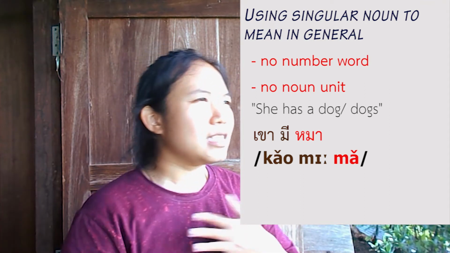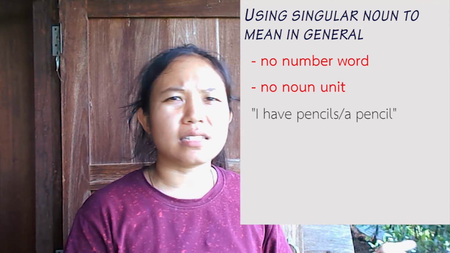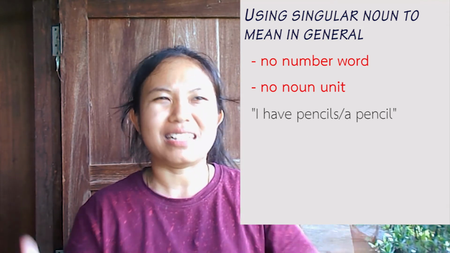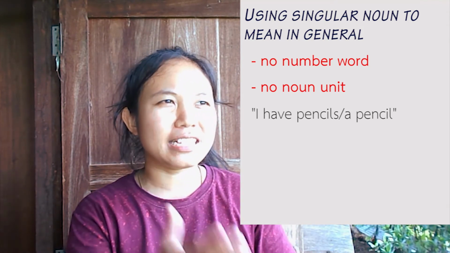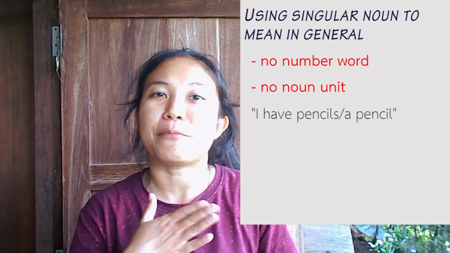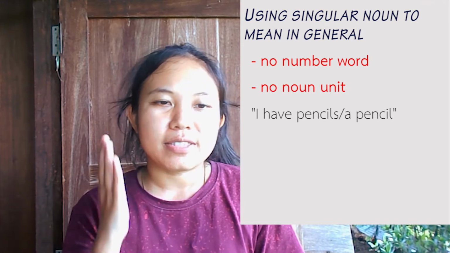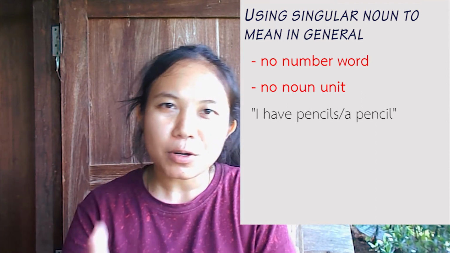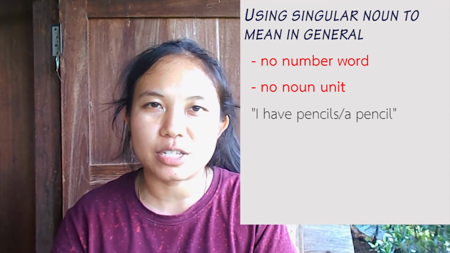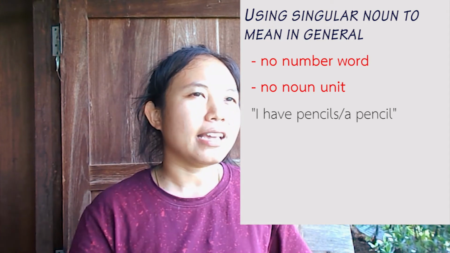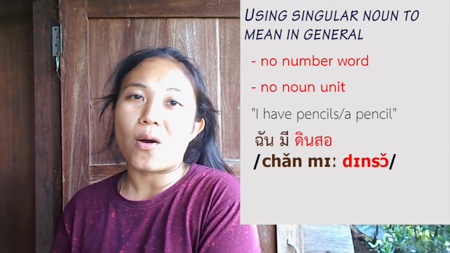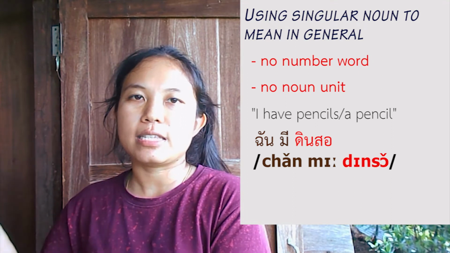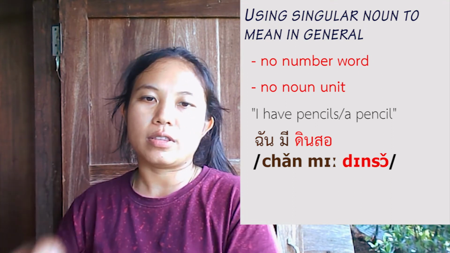Like if you want to mean in general, like "I have pencils" or "I have a pencil," you just want to let the people who are talking to you know that you have pencils, but people don't want to know how many pencils you have. You just say ฉันมีดินสอ. You don't have to put any unit of the pencil or the number word.